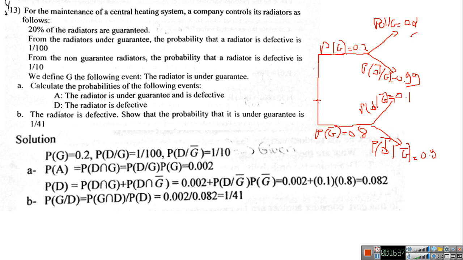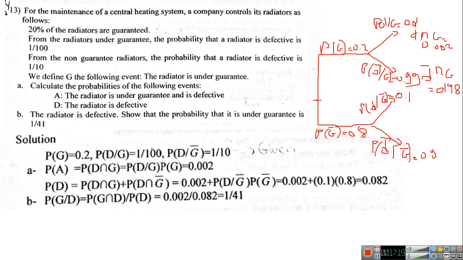So here I'm not going to write P directly. D intersecting G is equal to 0.002. D bar intersecting G, sorry, I'm taking time, 0.2 times 0.99 is 0.198. Why does it form a total probability?